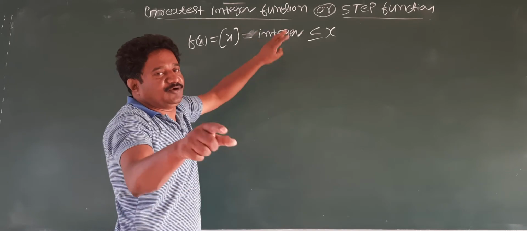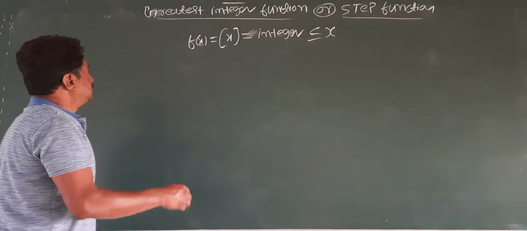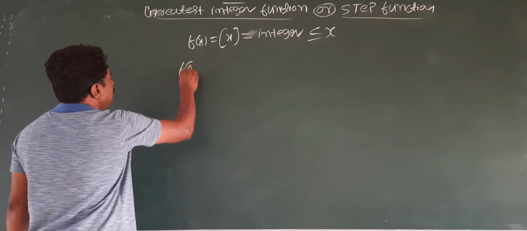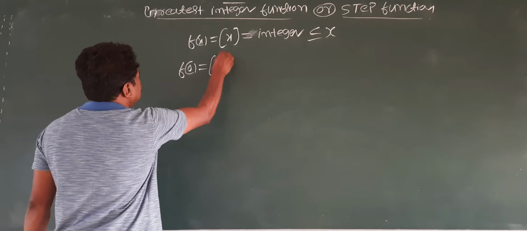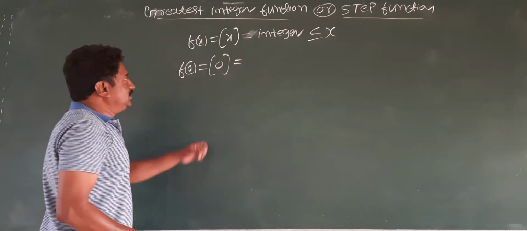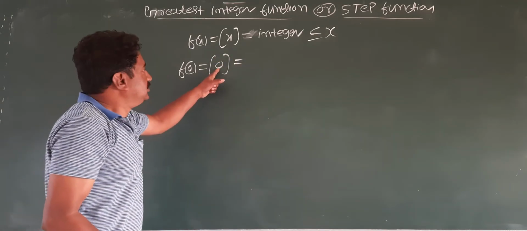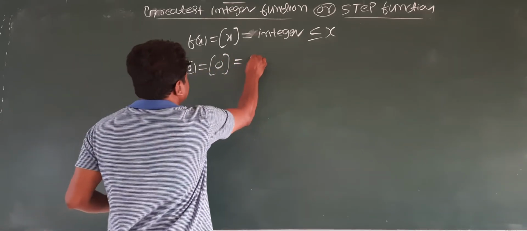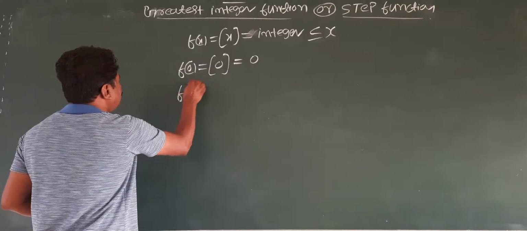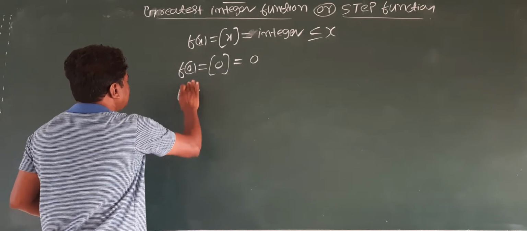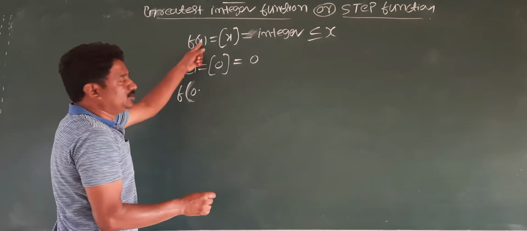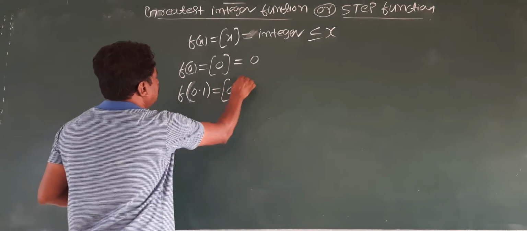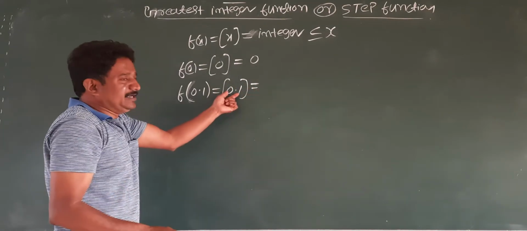Understood? Now I go for examples. So write f of 0. Here it is an integer. If it is an integer, write that integer as it is, 0. So f of 0.1, put x is equal to 0.1. It is a decimal number.